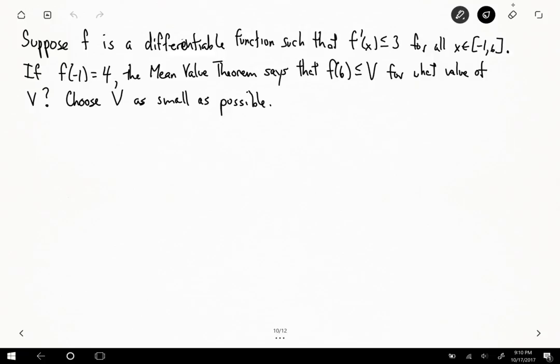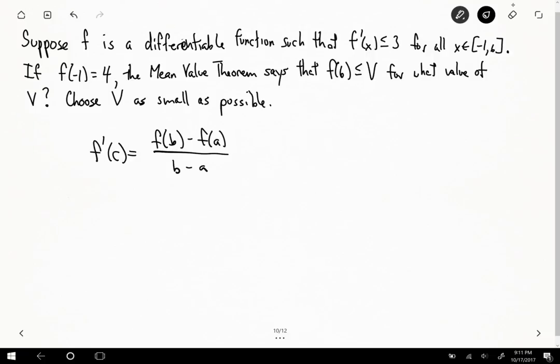Okay, so what does the mean value theorem state? Well, that just states that we have, remember, f prime of c equals f of b minus f of a all over b minus a. Right? That's what we just talked about. So if that's the case, what do we have? Well, our interval is just -1 and 6, so let's plug that in. We have f prime of c equals, well, we'll start with the larger value. That's just kind of a natural thing to do here when we subtract.